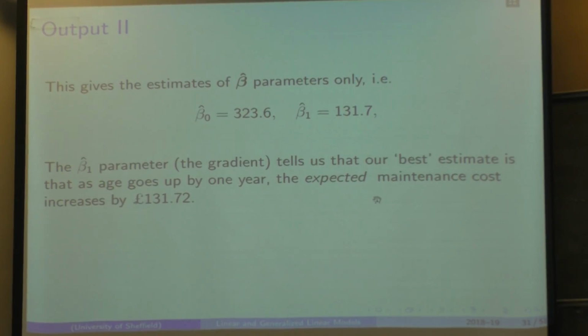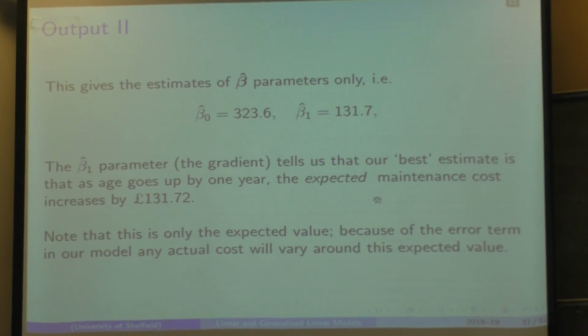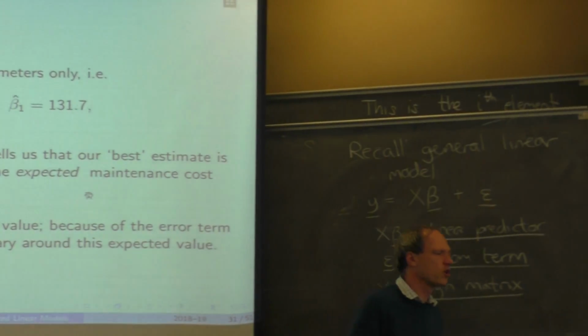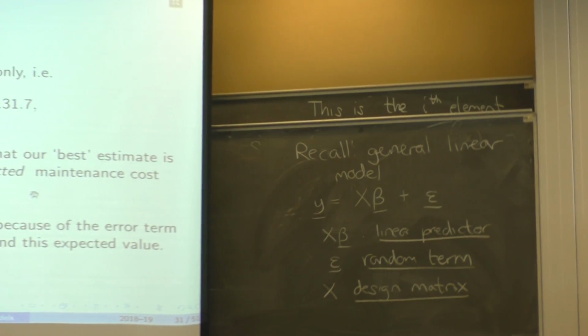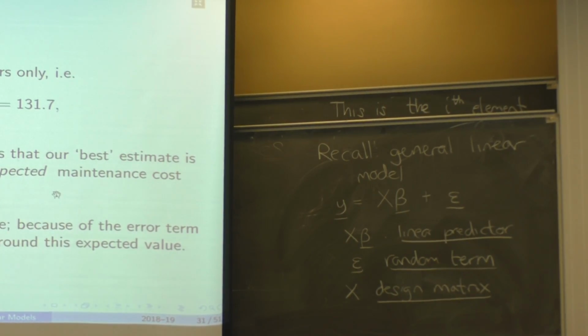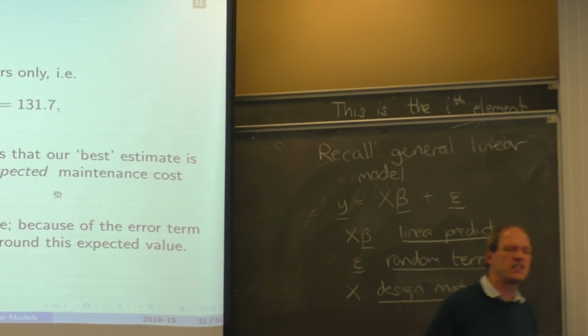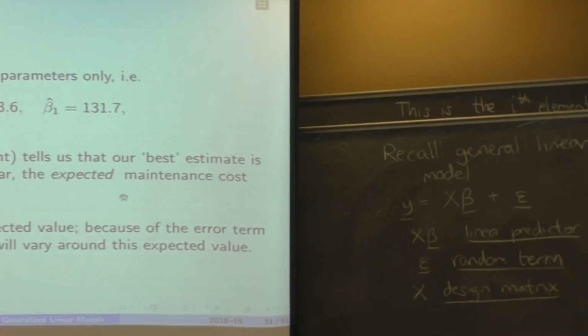Now, as I said, this is expected. It's emphasised on the slide that it's expected. So there's the error term in the model, the epsilon bit, that tells us also the random fluctuations around the expected value that we get for the actual maintenance costs of any particular tractor.